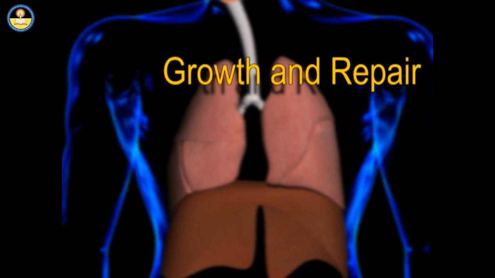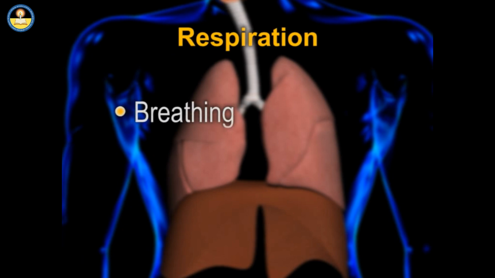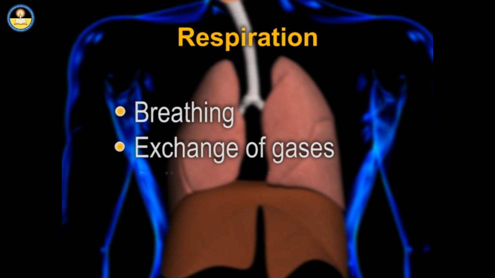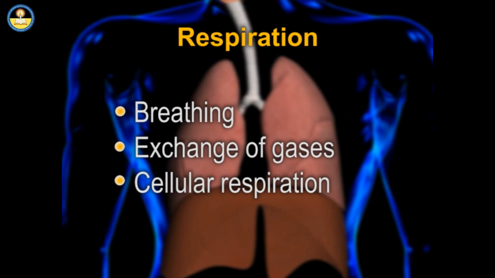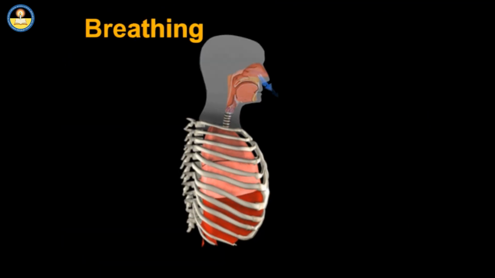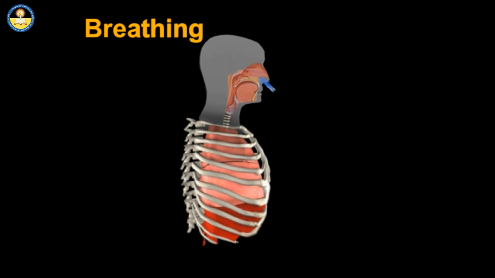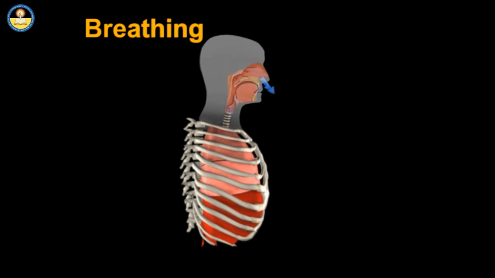Efforts to release the energy by this system is broken down into different stages: breathing, exchange of gases, and cellular respiration. The difference between breathing and cellular respiration is that breathing is a process of taking in oxygen and expelling carbon dioxide.